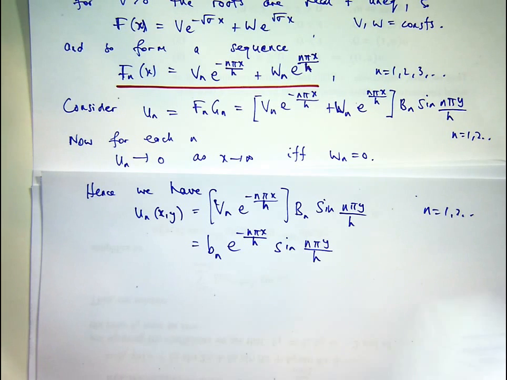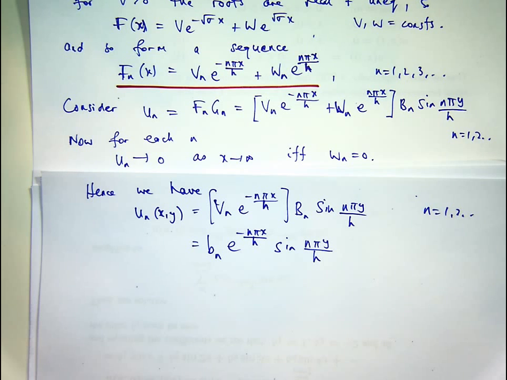The last couple of steps involve the superposition principle and Fourier series. So what's the superposition principle? It says that if I have any two solutions to the problem and I add those solutions together, then the sum is also a solution to the problem.